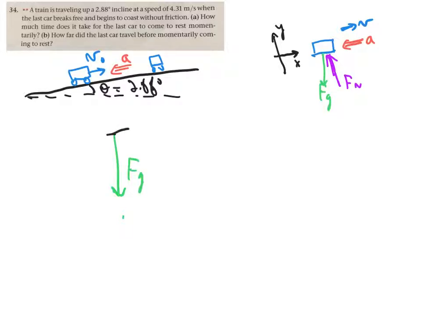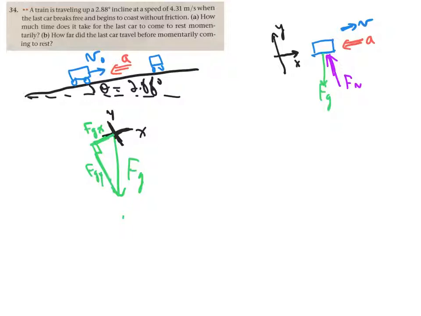Gravity doesn't point along the incline or perpendicular to it, so I need to find the part of gravity that's along the incline, which I'm going to call FGX, and the part of gravity which is perpendicular to that, which I'm going to call FGY.